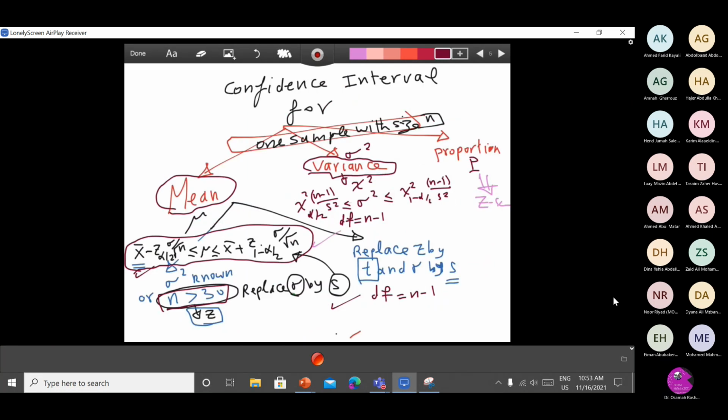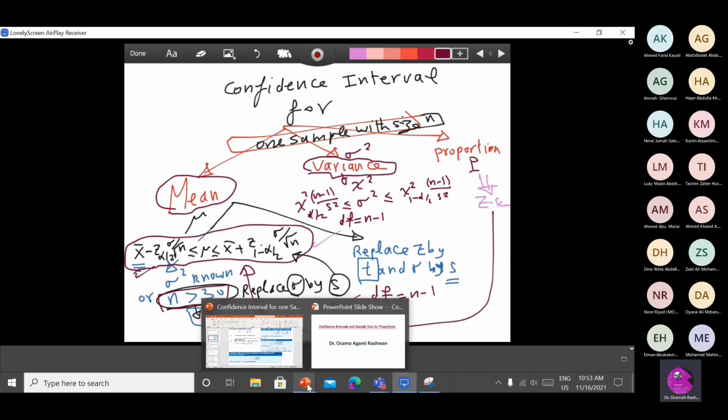So in the proportion, I'm going to go for this one, and I replace sigma by root square NPQ and replace x bar by NP. That's it. This is the link between the proportion and the mean.